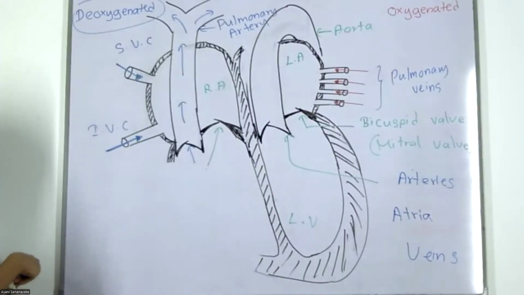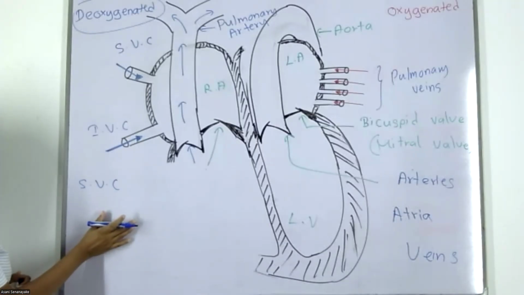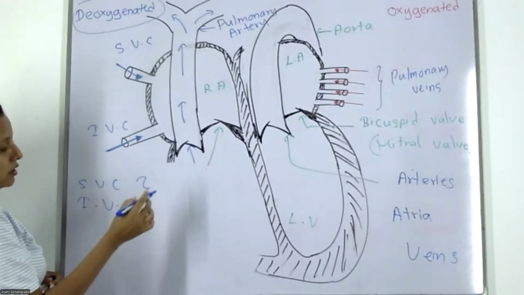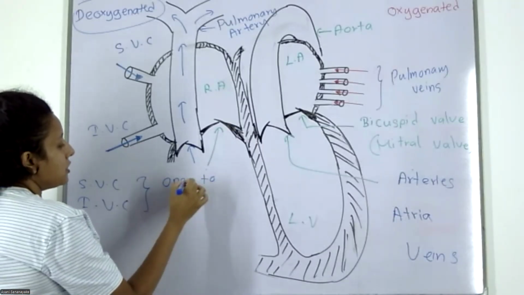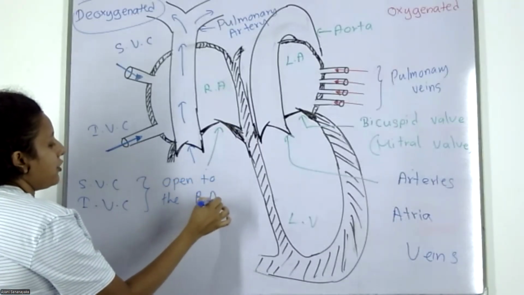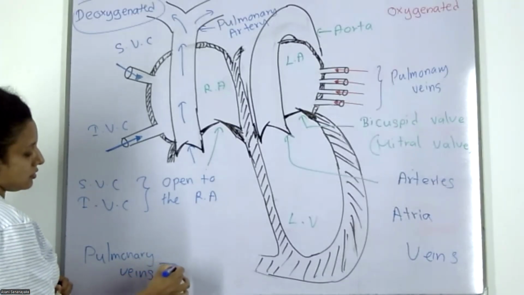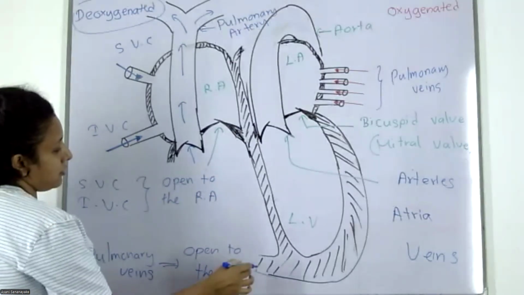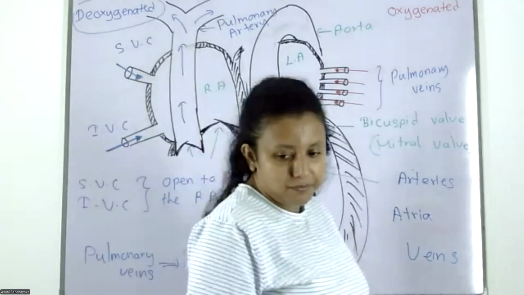So here you can write under that one: superior vena cava, inferior vena cava. I'm just writing short forms because I have limited space here. Draw a bracket here. They open to the right atrium. And then the next one is pulmonary veins. Pulmonary veins open to the left atrium.